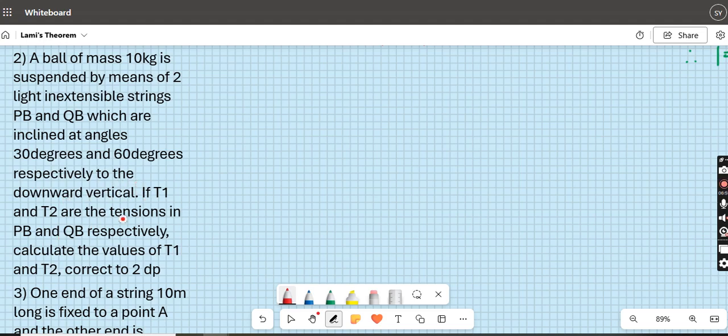If T1 and T2 are the tensions in PB and QB respectively, calculate the values of T1 and T2 correct to 2 decimal places. Again, let's draw our diagram.